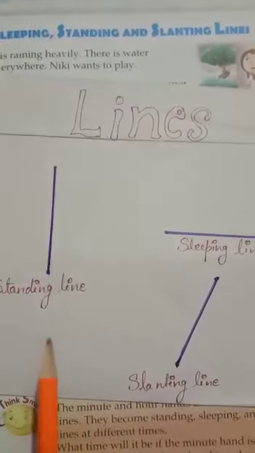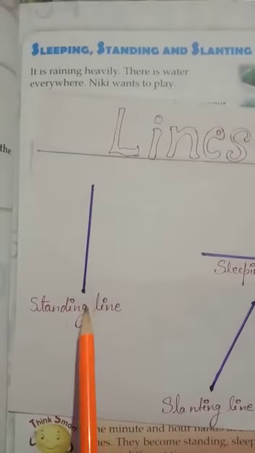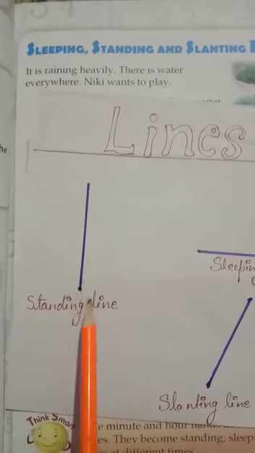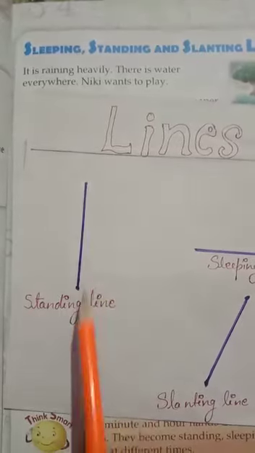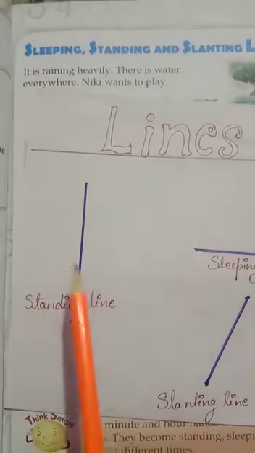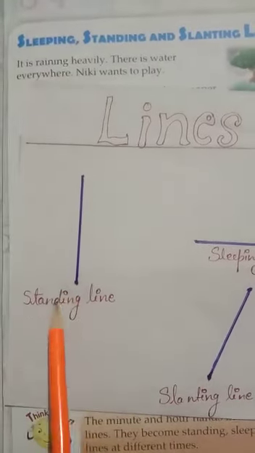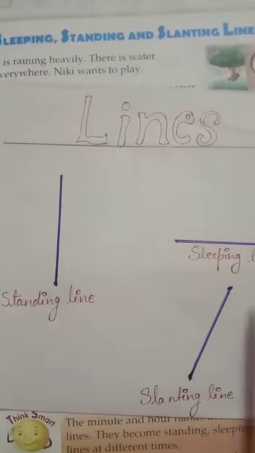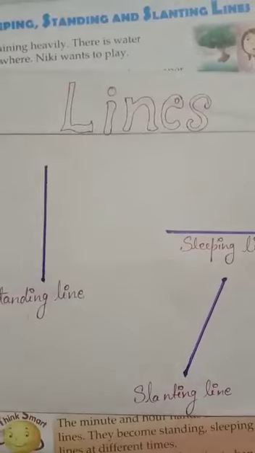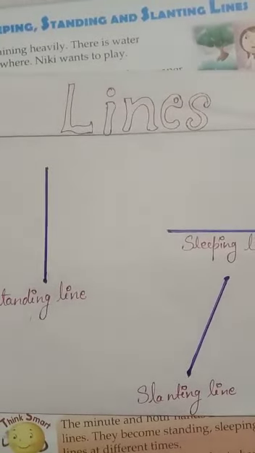First of all, what is a standing line? A straight line is vertical if it goes straight up and down, top to bottom, without going across. Then it is called a standing line.